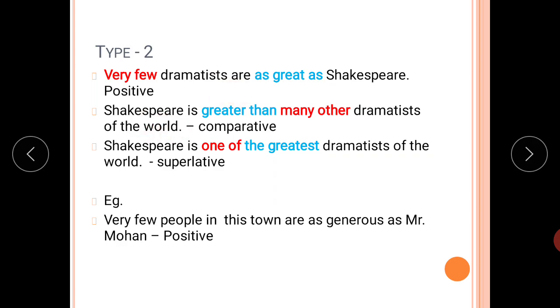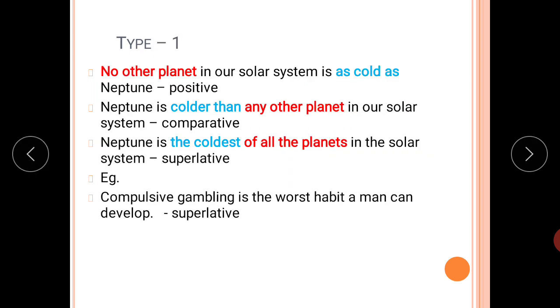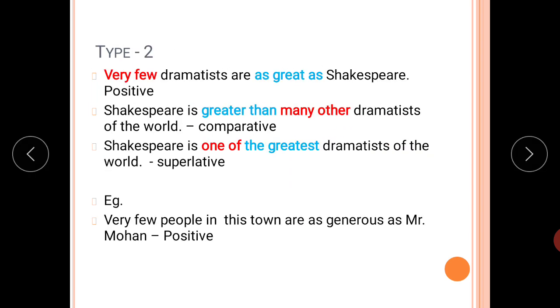So "is". Shakespeare is greater than. Here, note this: you should not write "any other" as we did in the first type. No, here it should be "many other". Shakespeare is greater than many other dramatists of the world. Then that is comparative.